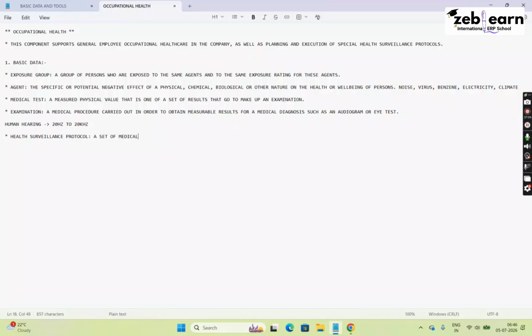A set of medical examinations and tests that a person must undergo to enable possible health risks to be recognized, treated, and if need be, prevented.